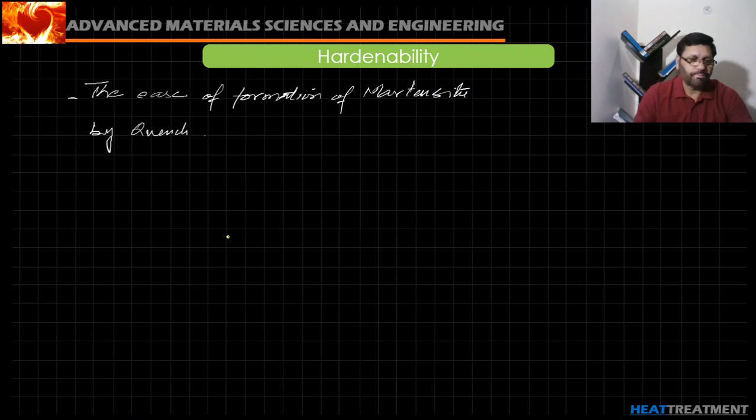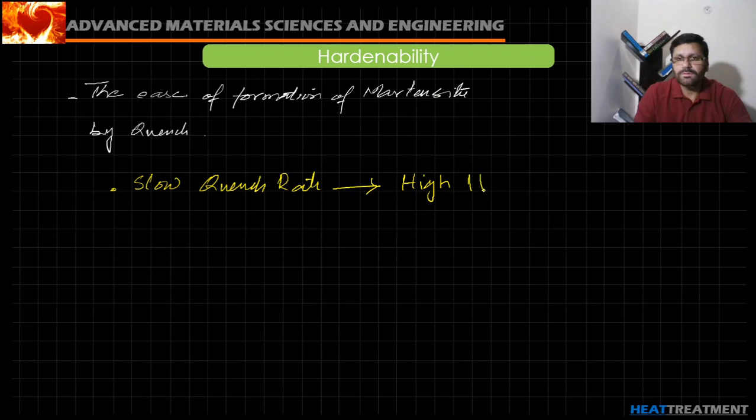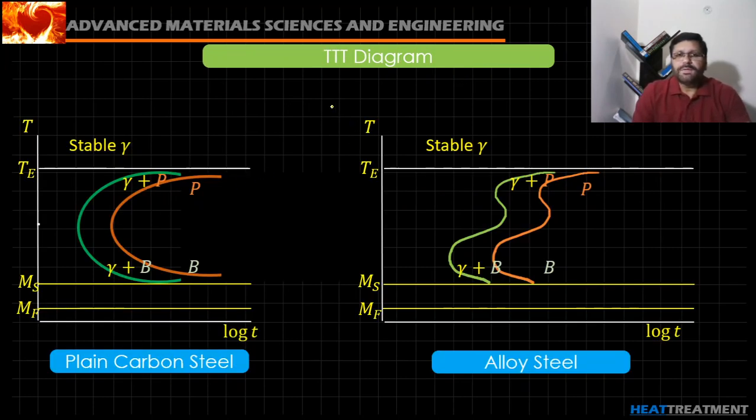So a slow quench rate means high hardenability for that very material.